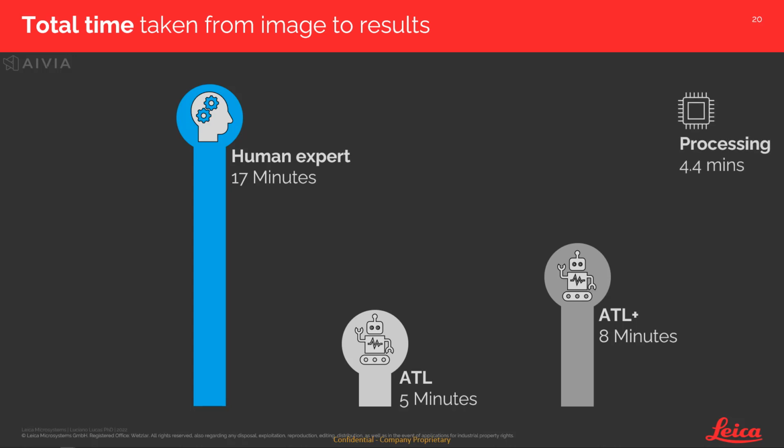In all these bars, there are 4.4 minutes on average for processing the image. So to create the actual result, to apply the actual algorithm to the image and get the result.